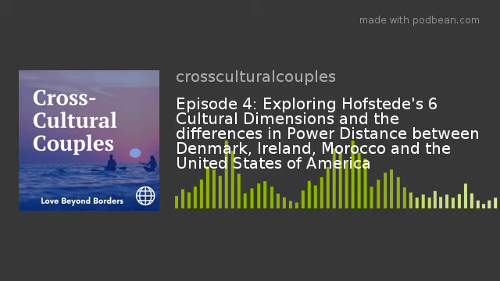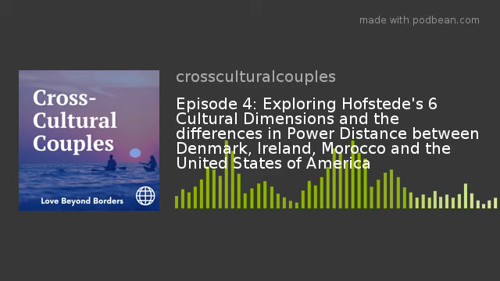So we're going to talk about Denmark first. This one is really interesting. We'll talk about where all 4 of them landed on this 0 to 100 scale. If you're closer to 100, it means you're more hierarchical, and if you're closer to 0, it means you believe more in an equal distribution of power.